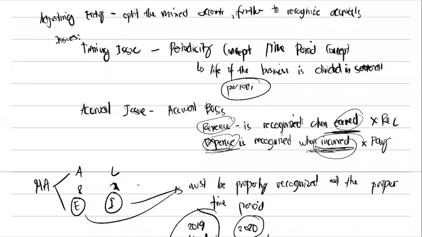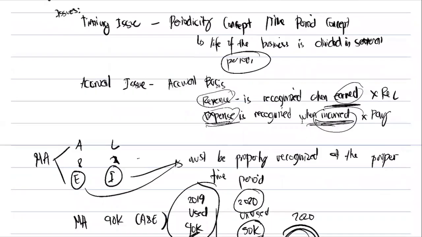Timing issue, because here, again, we look at and record proper revenue and expense at the proper period. In your accrual issue, we need to record the income or expense when it is earned or incurred, regardless of when received or paid.